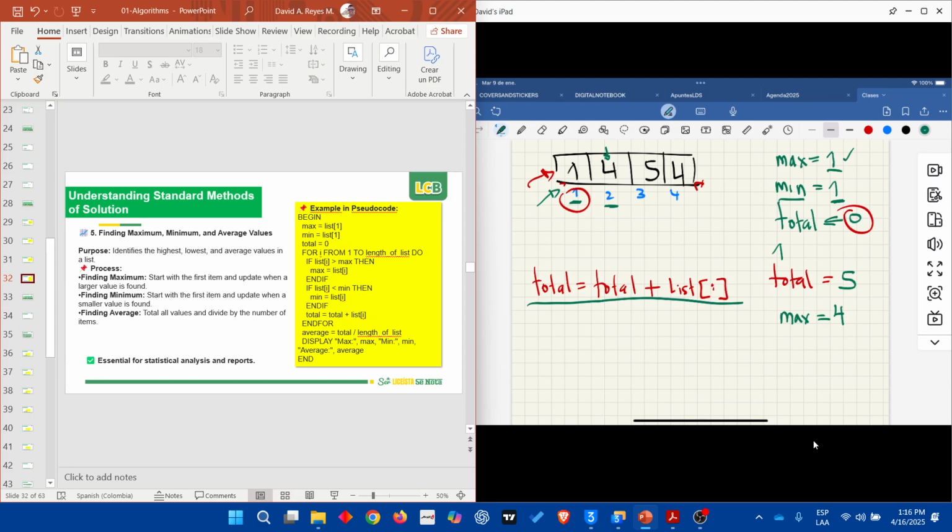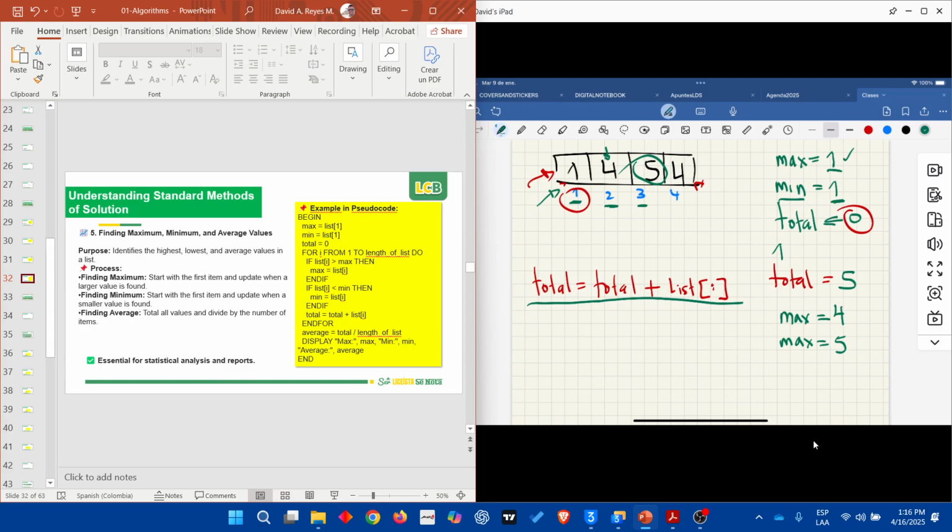Okay. Now we're going to move to the third place on the list. Now, the third number on the list is the number 5. Now, 5 is greater than 4. Why? Because it's asking if the number in the list is greater than the number that we have in max. Yes, that's true. So now max is equal to 5. Now, is 5 less than 1? No. Why?